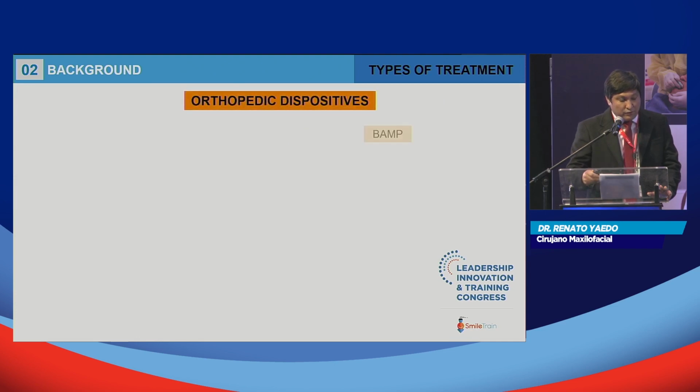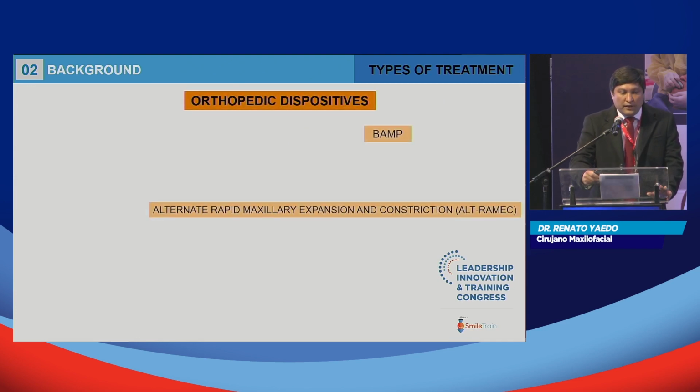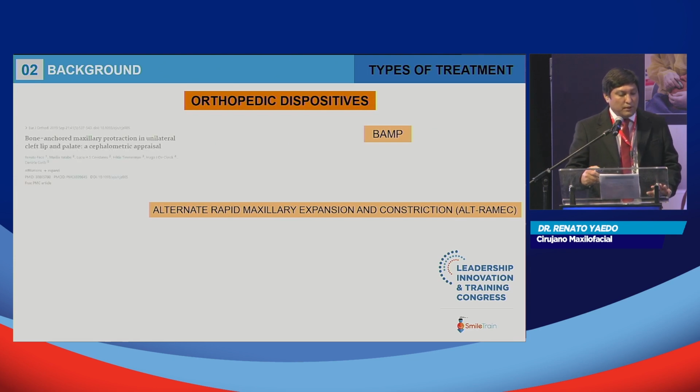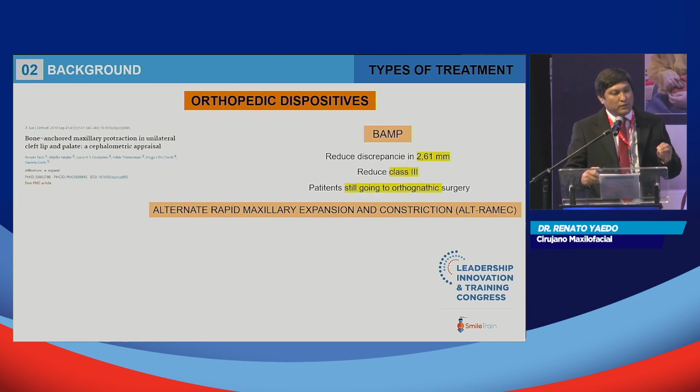On the other hand, orthopedic devices, we have mainly two kinds. One is a bump. We have reduced the discrepancy around 2.6 millimeters in A point, reduced class 3, and some patients still need orthognathic surgery.